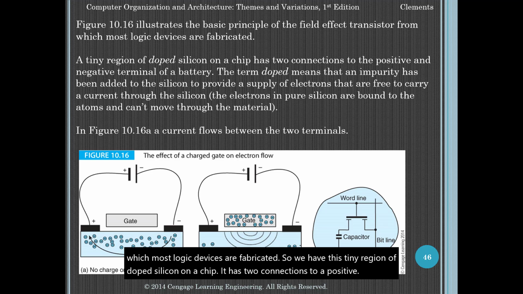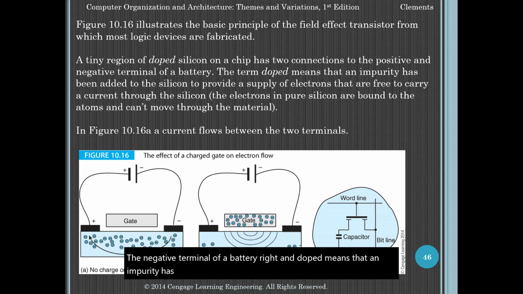And doped means that an impurity has been added to the silicon to supply some electrons that are free to carry a current through the silicon, because the electrons in pure silicon are bound to atoms and they can't move, which is one of the things that makes silicon so great for making microprocessors. But we actually want the electrons to be able to carry the current. So they dope it. They put a little impurity in there so the electrons can actually do that job.